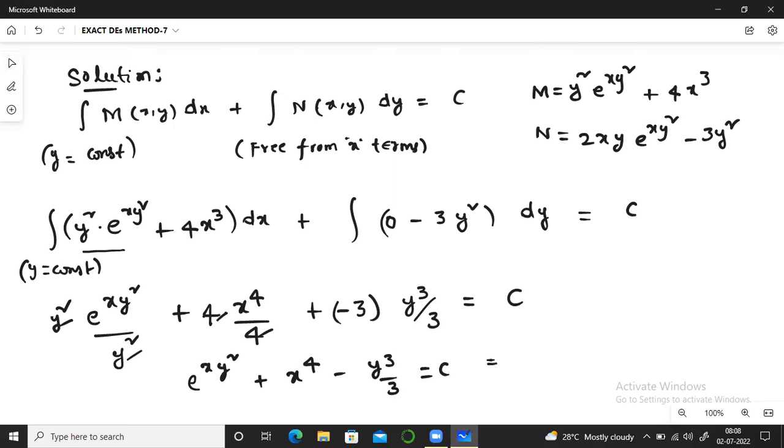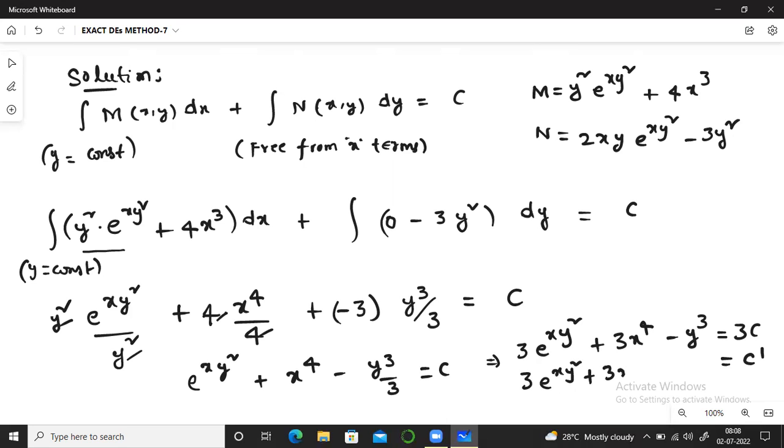One more line you can also write. 3 you can take as LCM. So in that case, 3 into e to the power xy square plus 3x to the power of 4 minus y cube is equal to 3c. 3c you can treat as some c dash. Again, same thing, you can write e power xy square plus 3x to the power of 4 minus y cube is equal to c dash.